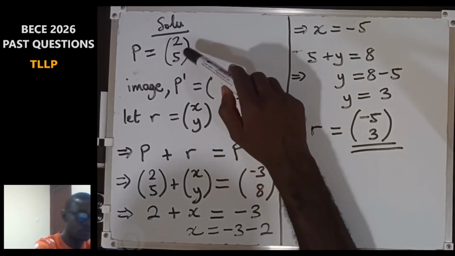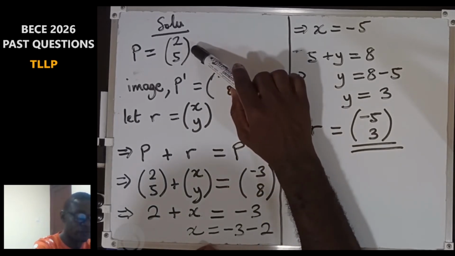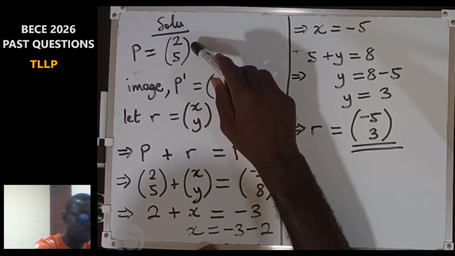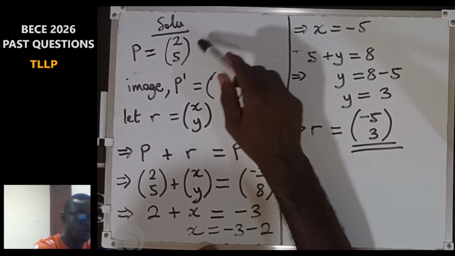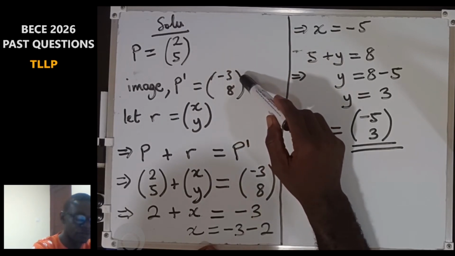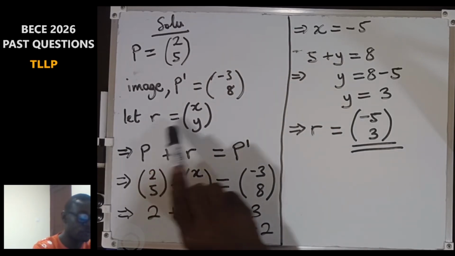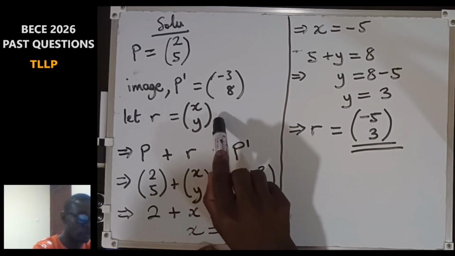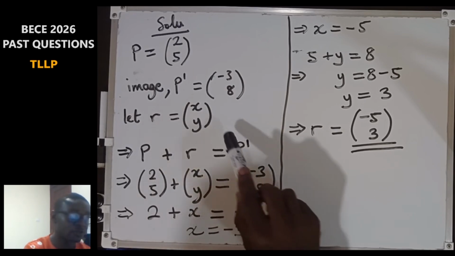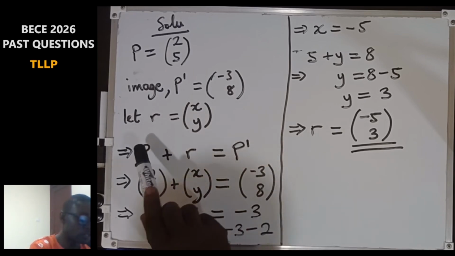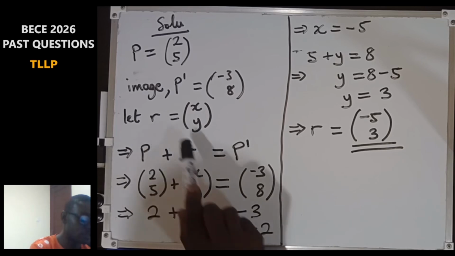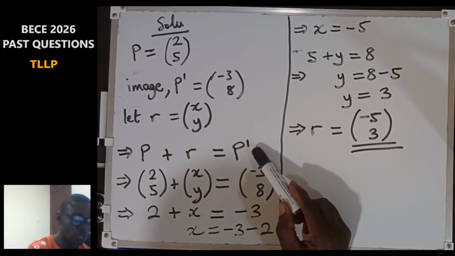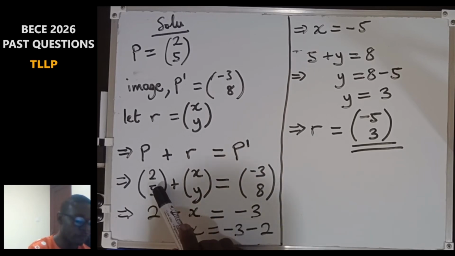So first, your P is 2 on 5. Then the image when P is translated by r becomes (-3, 8). So we let r be some variable vector. And we know that when that point is translated by this vector, that means P plus r, we get some particular image. The P is 2 on 5.